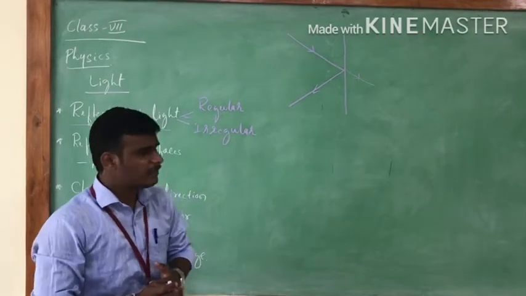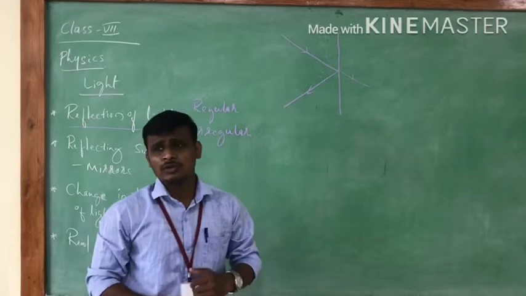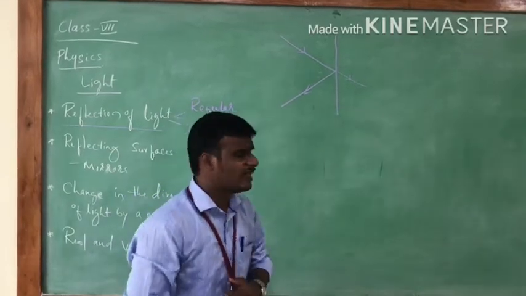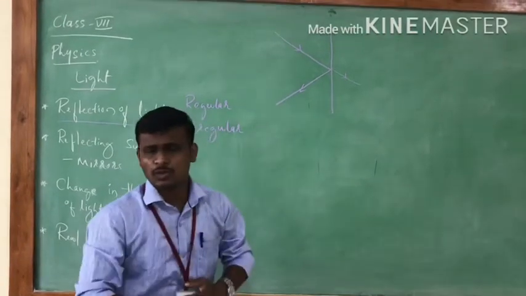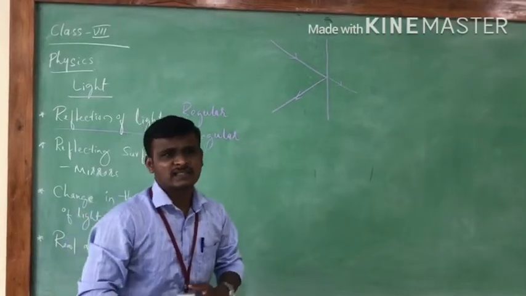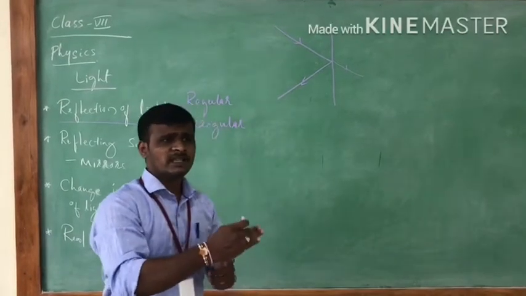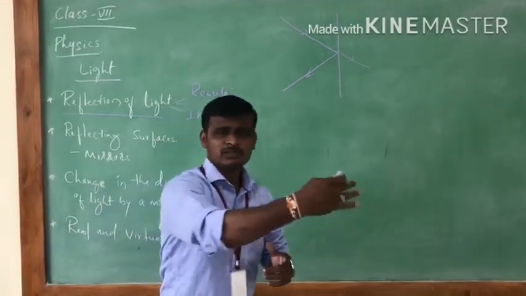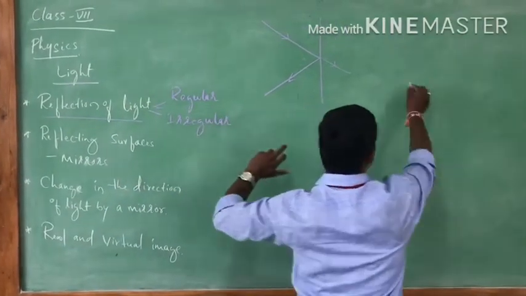Regular reflection of light means what? When light rays fall on a smooth or polished surface, then proper reflection takes place. Then the rays of light bounce back. This we are going to see by a diagram here.